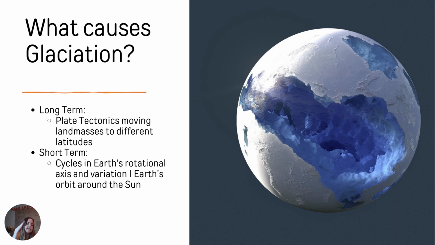And then as the Earth is pointed towards the sun or tilted towards the sun in summer in the northern hemisphere, that's when we start to see more loss or ablation of our glaciers in the northern hemisphere.